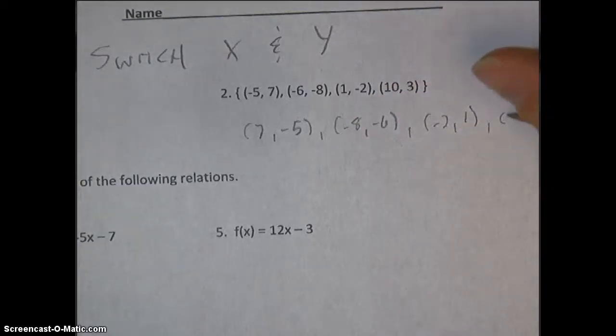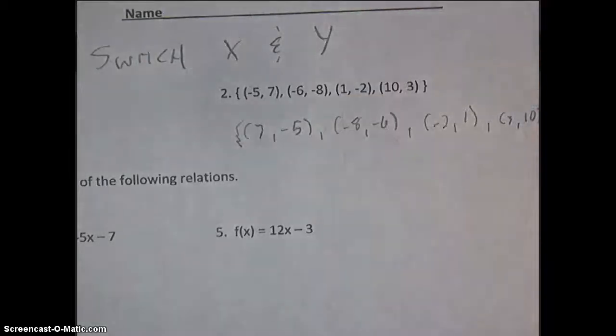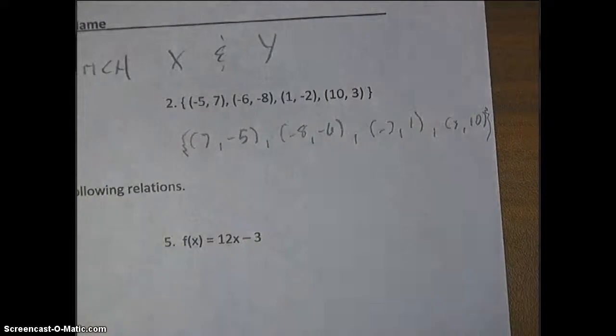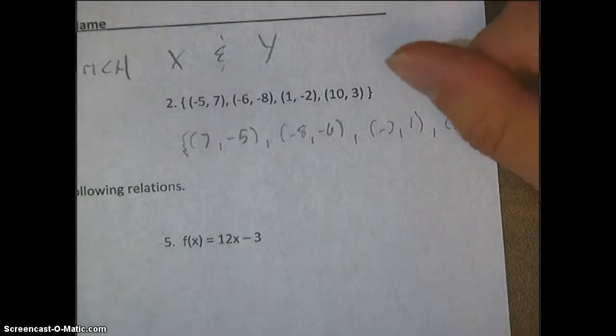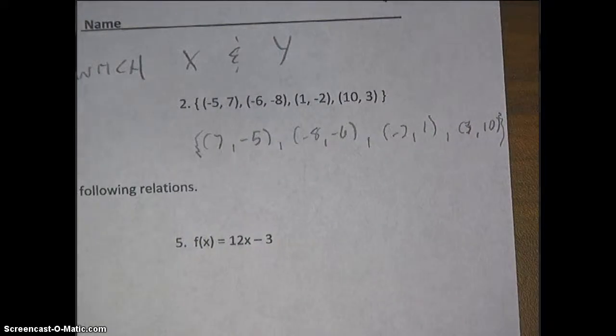And 10, 3 becomes 3, 10. And then you put your fancy brackets on there. So that's it. When you're given a set of coordinates, all you really need to do is switch the x and the y, and you're done.